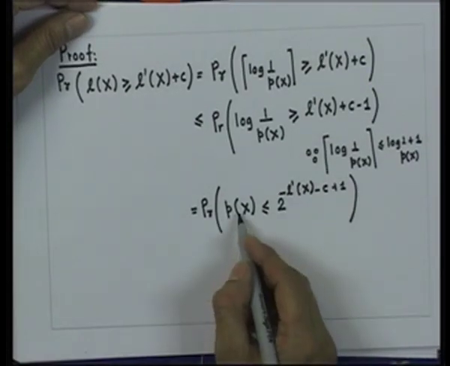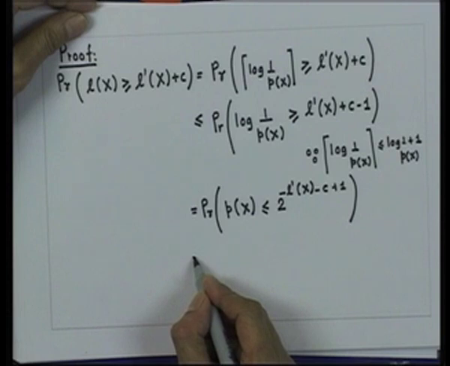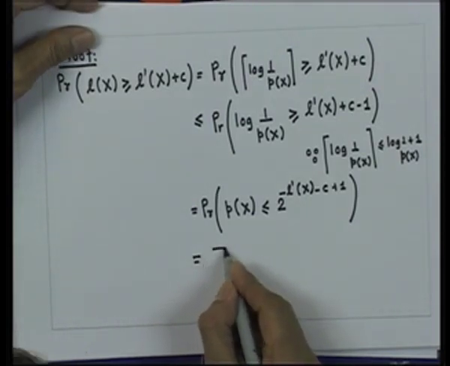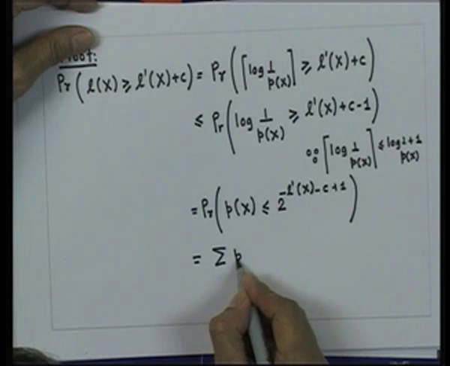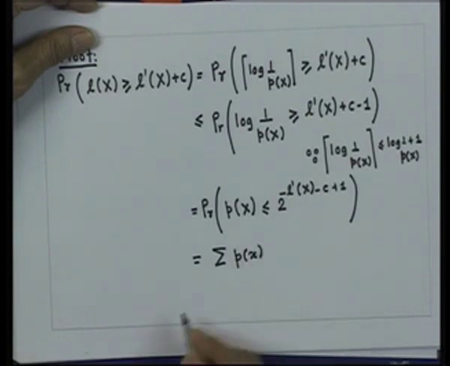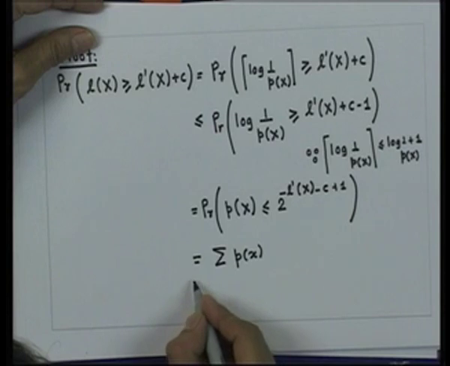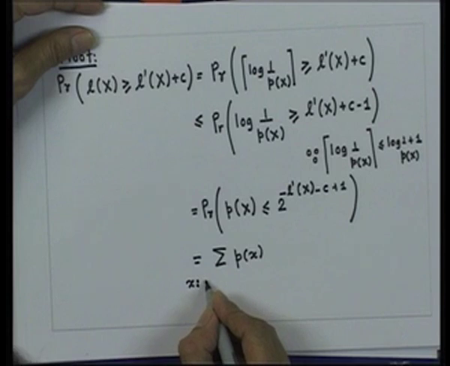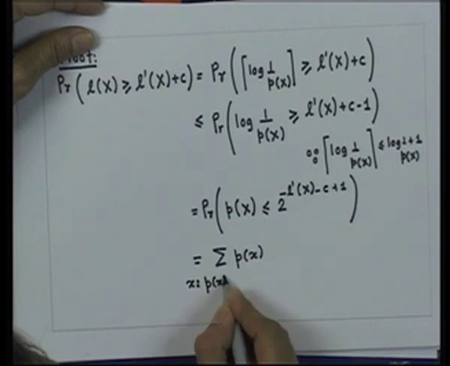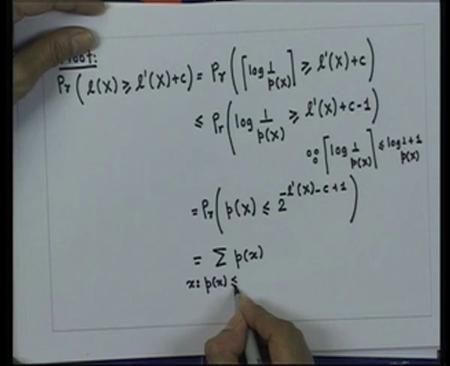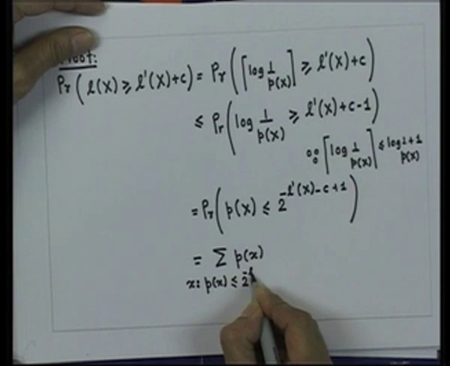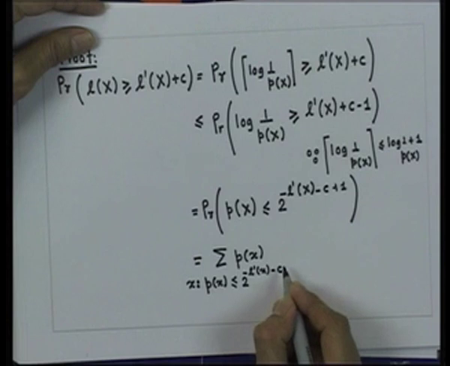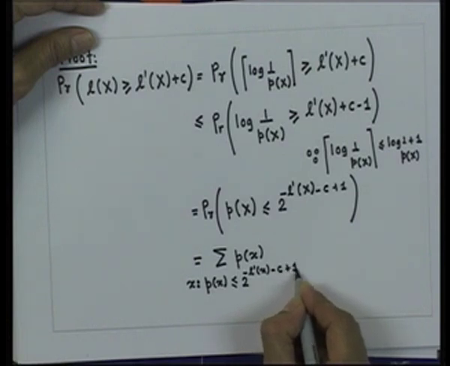Now, probability of this random variable is nothing but a summation of the individual probabilities, where I have to sum up for all x which satisfy p of x less than or equal to 2 to the power minus L dash x minus c plus 1.